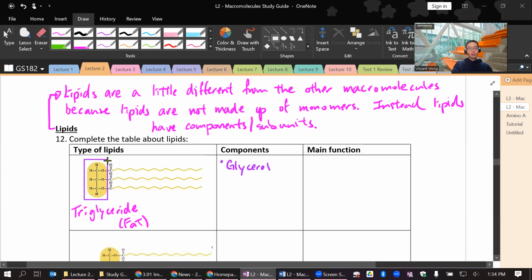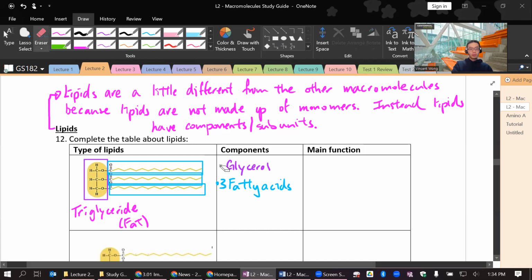And in addition to the glycerol, we have 1, 2, and 3 of these things. Those are called fatty acids. So 1 glycerol plus 3 fatty acids. These are like CH repeated many, many times. That's what makes up fat.